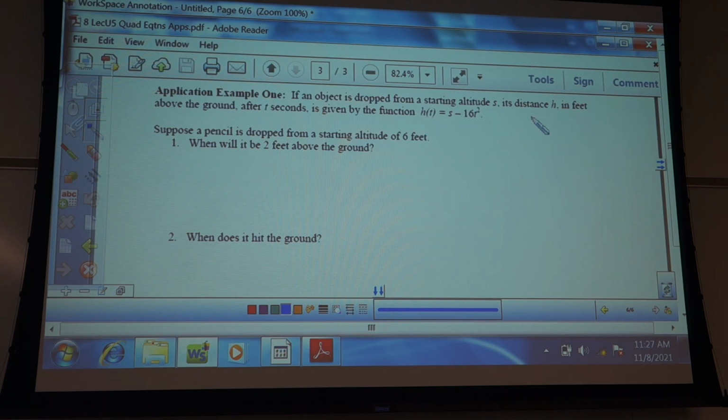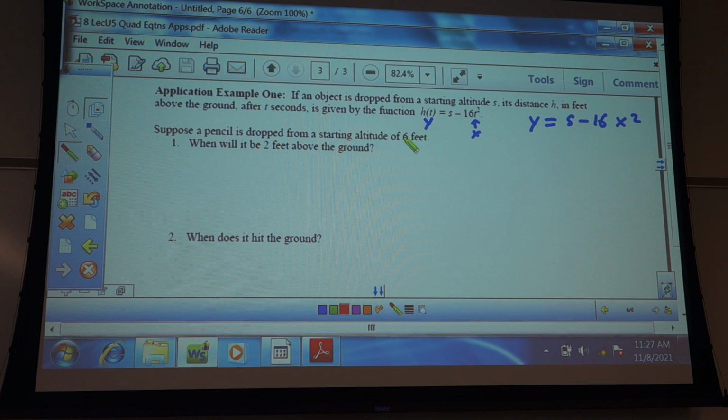If I switch it into y equals, what here is my y, and what here is my x? The h of t is the y and t is the x. So this becomes y equals s minus 16x squared. Is everyone on board with that part? Now, the s is 6 feet. So really this becomes y equals 6 minus 16x squared.